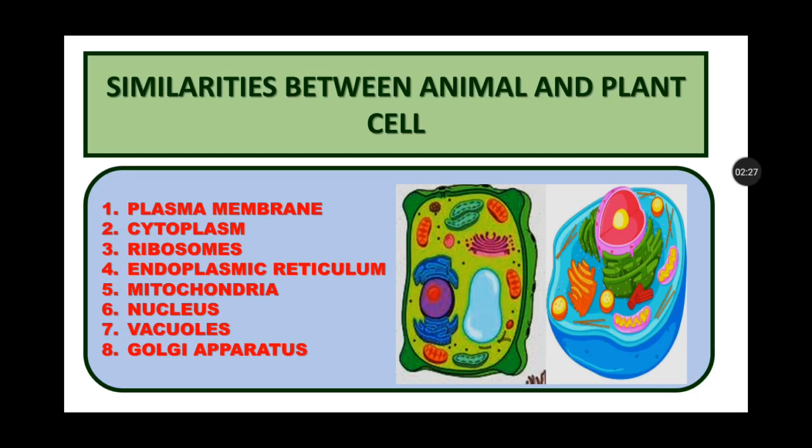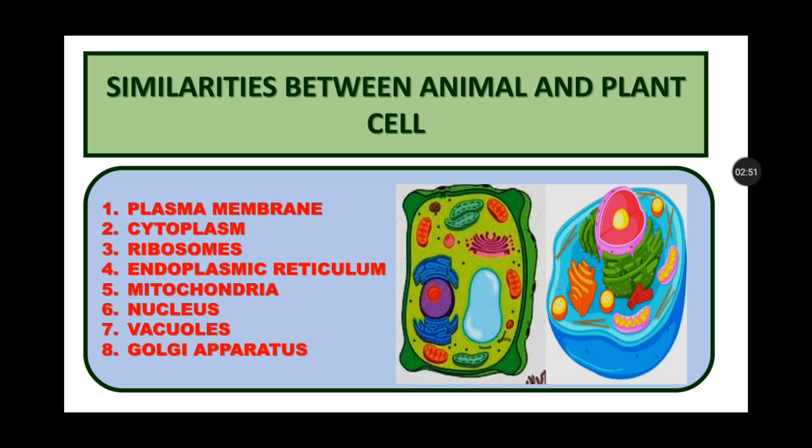Both animal and plant cells have mitochondria, because the mitochondria is the powerhouse of the cell. It generates energy in the form of ATP, which is utilized by the cells during cell growth and cell division. Both have the nucleus.